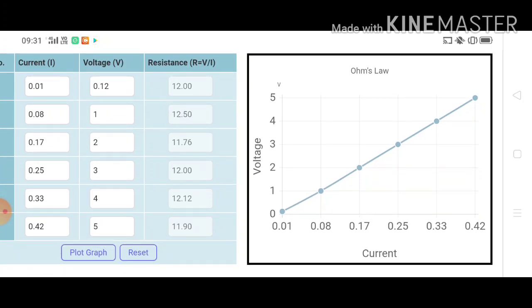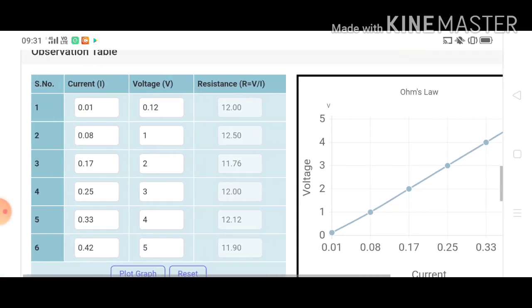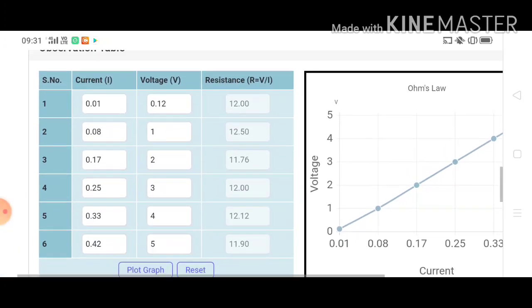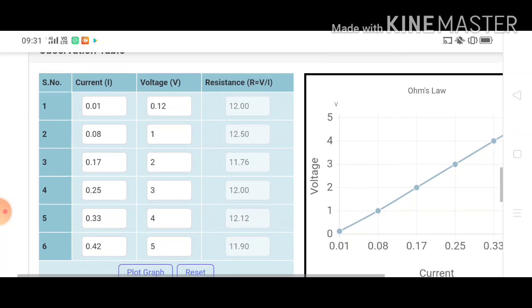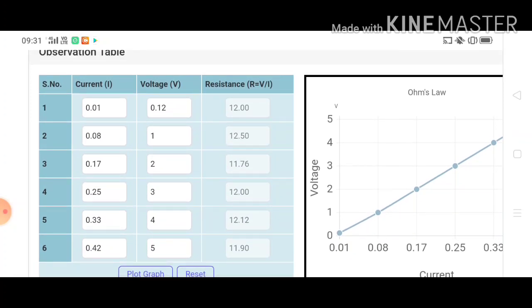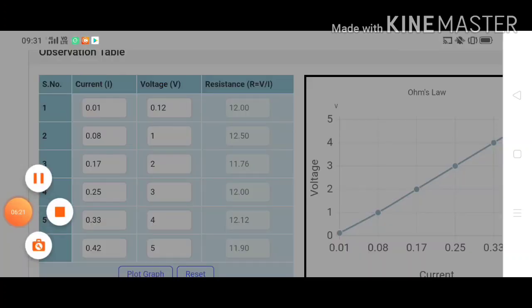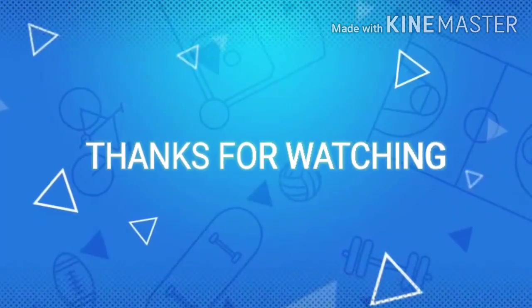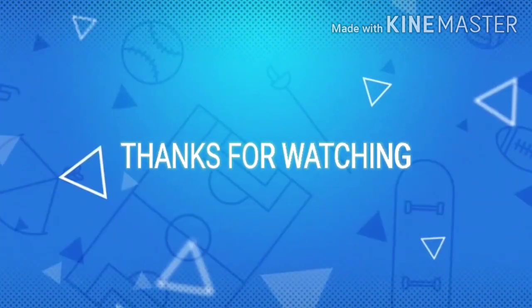One thing I must tell you is that in this simulator, in the axes for the graph, the interval has not been maintained properly. So we maintain the interval properly when we plot the values on the graph paper, and still it comes out to be a straight line. Okay, it's almost a straight line because it is an ohmic conductor. So thanks for watching.